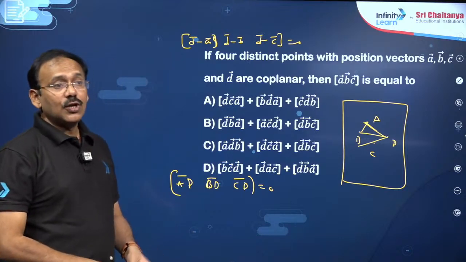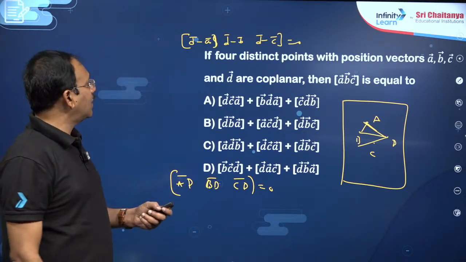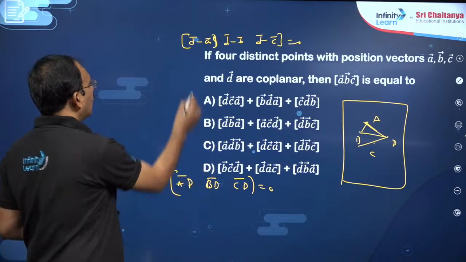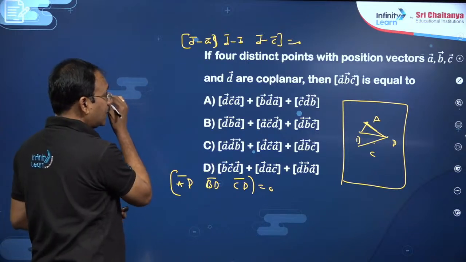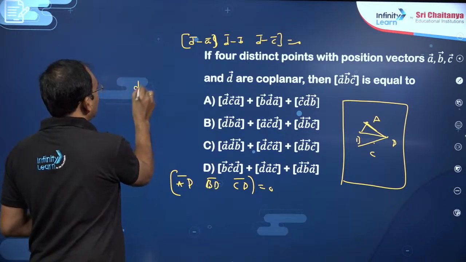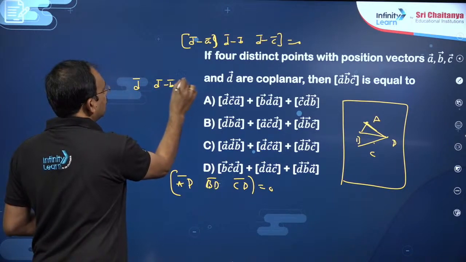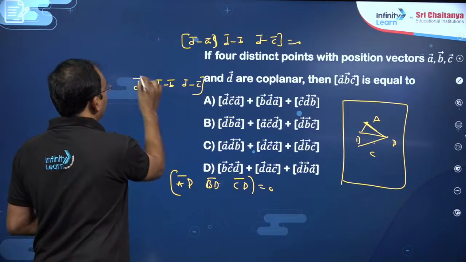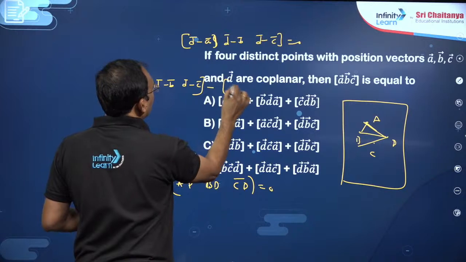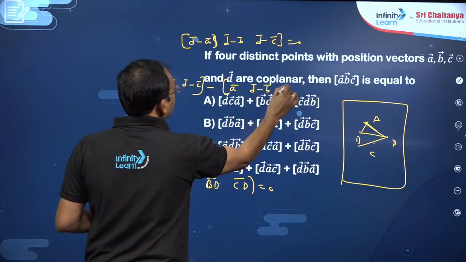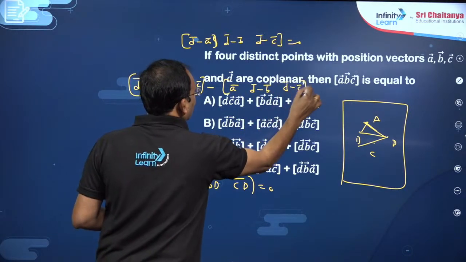If this is 0, you can expand the determinant by any row or any column. You can split like, my dear friends, you can write D bar, D bar minus B bar, D bar minus C bar, minus of A bar, D bar minus B bar, D bar minus C bar equal to 0.